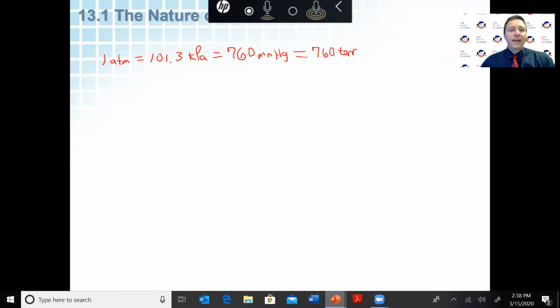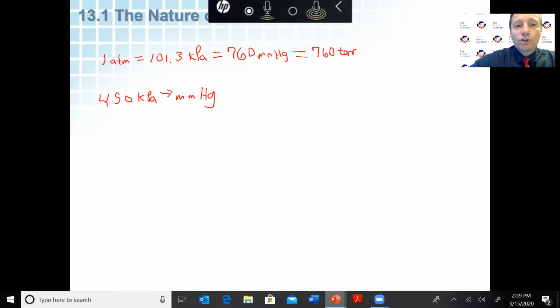All right, so with that, gauge right there, let's break down the first one. So it gave us that we have 450 kilopascals, and it wants us to convert to millimeters of mercury. So first off, in order to do this, we need to set up and make a ratio.